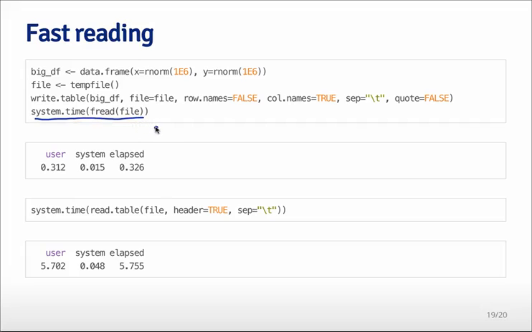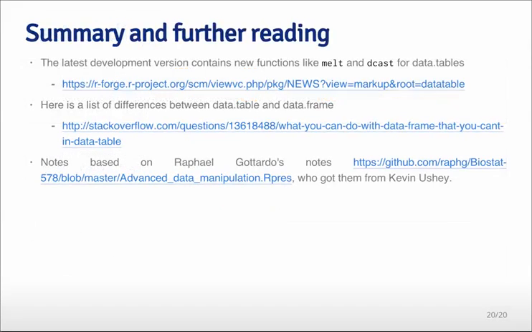The fread command can be applied to read in data tables, and it's basically a drop-in substitute for read.table with tab-separated files. You can see it takes about 0.32 seconds. If I try to do that same operation with read.table on that file, it would come in quite a bit slower, well more than 10 times slower. So it's actually much faster to read files with data.table as well.